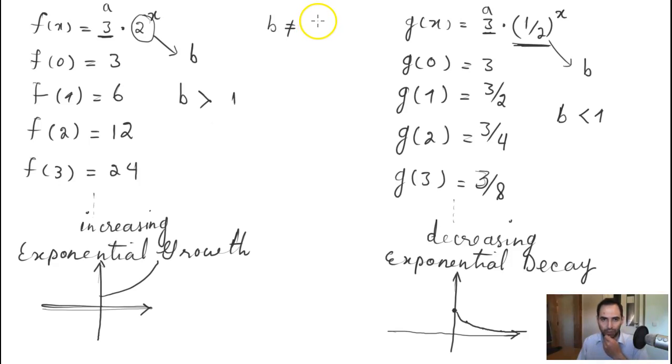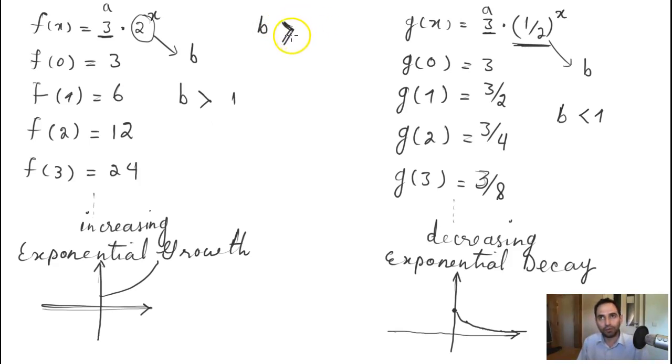So how do we write that in mathematical terms? Basically b is supposed to be greater than 0.